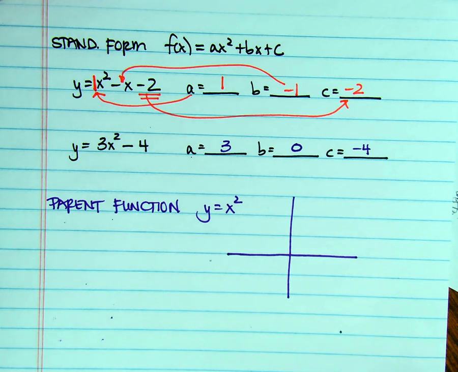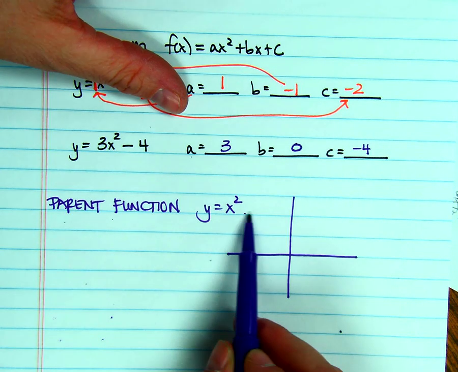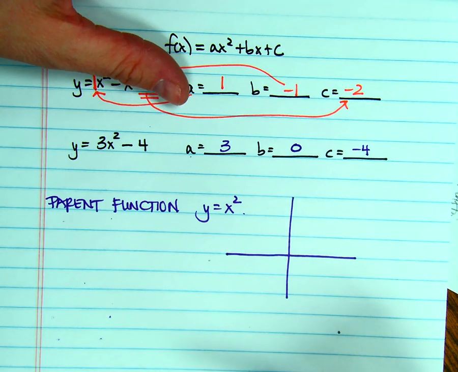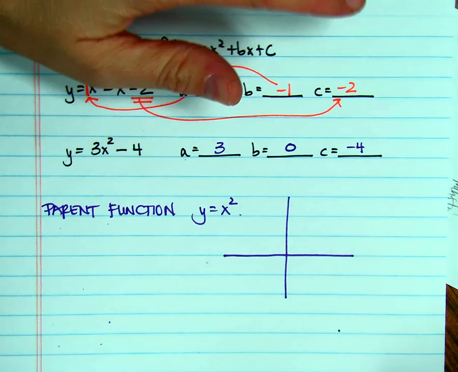Eventually you'll see that this parent function will change a little bit because of numbers in front. The A is going to change, maybe the B's and the C's are going to change. So your main function is going to either start getting wider or start getting narrower. So we're going to learn about that probably in the next lesson.